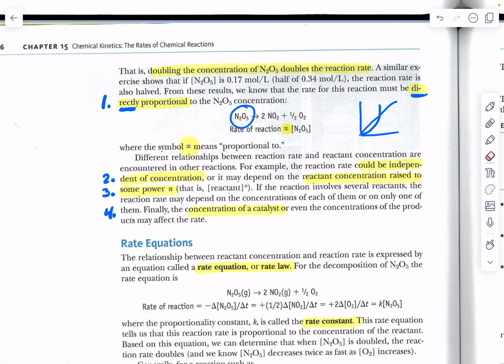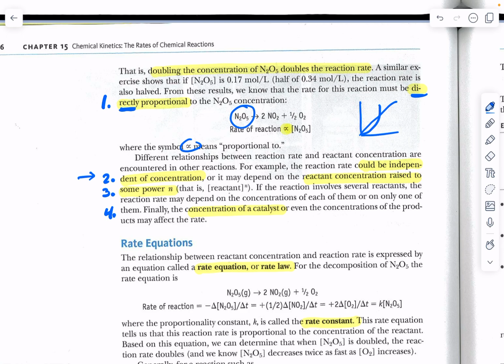If you cut the concentration in half, you would cut the rate in half. Notice the symbol that we're using here for being proportional. Now, another possibility is that you could change the concentration of your reactants and it doesn't change the rate at all. In other words, we would say that the rate is independent of what the concentration happens to be.